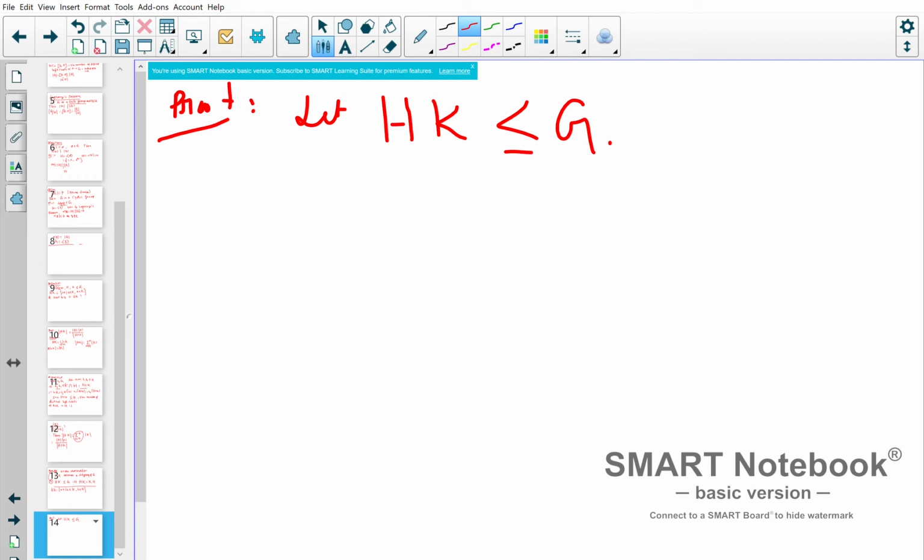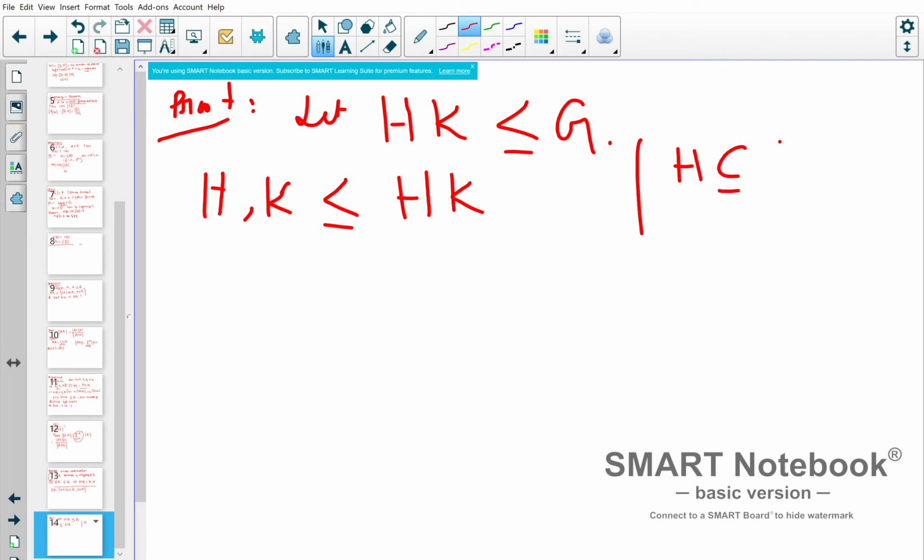But we know that both H and K are actually subsets of HK. HK is bigger, HK contains them, right? This is obvious: H is contained inside HK, and also K is contained inside HK, right?